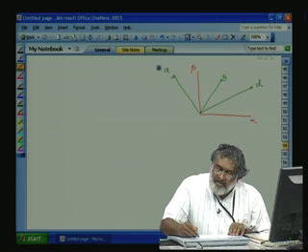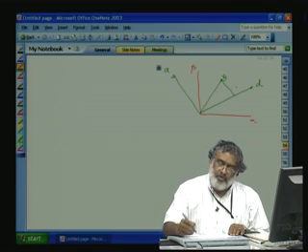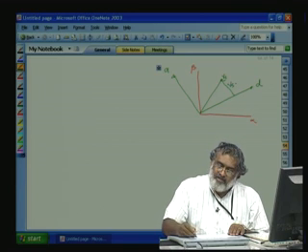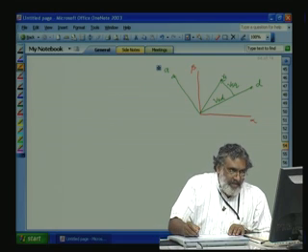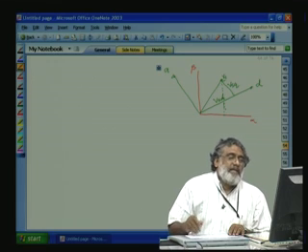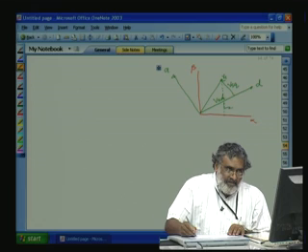The Vs component along D and perpendicular to it, along Q, is called VSD and VSQ. Now the same Vs, if you project it to the alpha beta axis, the real and imaginary component magnitudes will vary. This is V beta because it is parallel to the beta axis, this is V alpha.